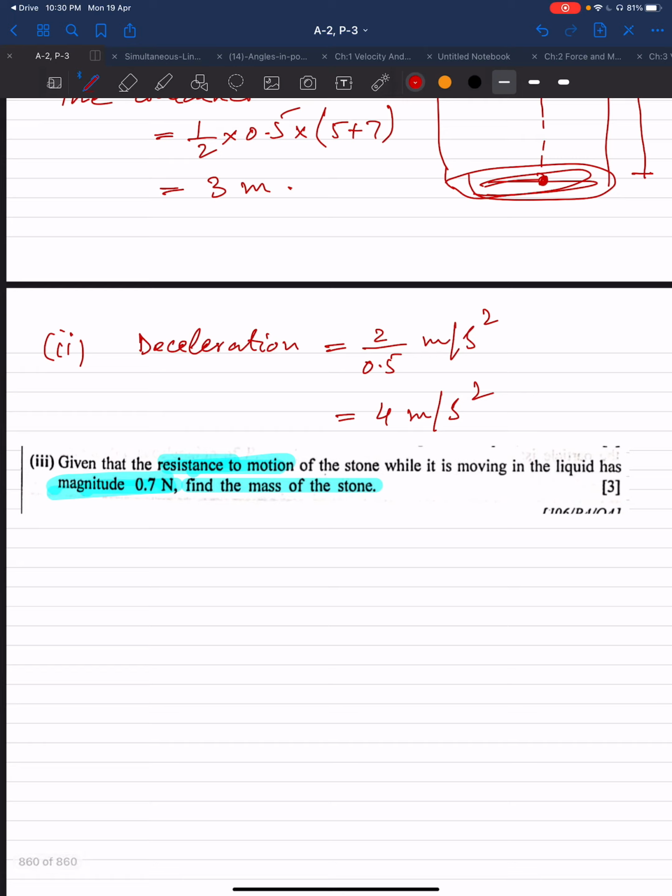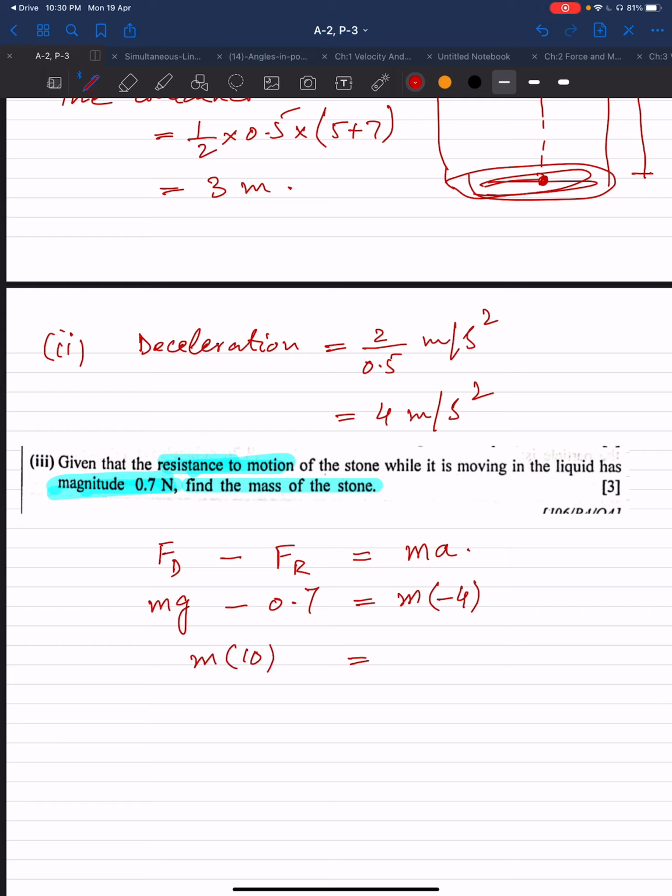So we'll write down the equation first. Driving force minus resistance force is equal to net force, that is ma. So driving force is mg minus 0.7 newton is equal to m into, as it is deceleration, we'll write minus 4. So mg is 10.